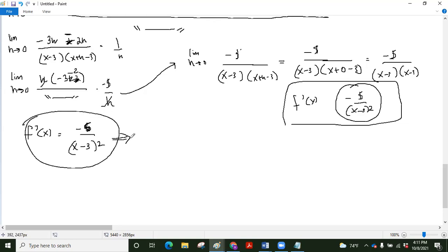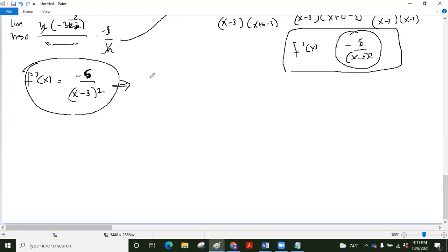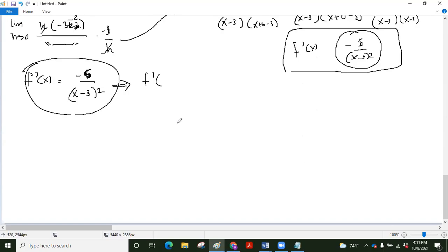But now what we essentially want to do in this case is that this is our derivative function, so we're going to plug in our x value to find our value of m. So we're going to say f prime of, what is our x value? In this case, our x value is 2.